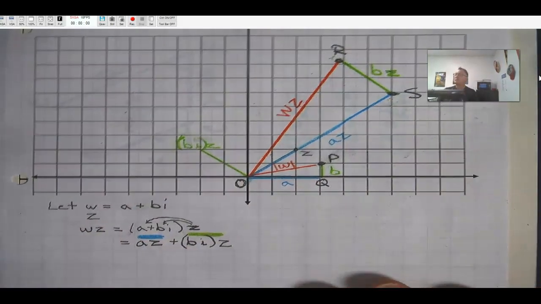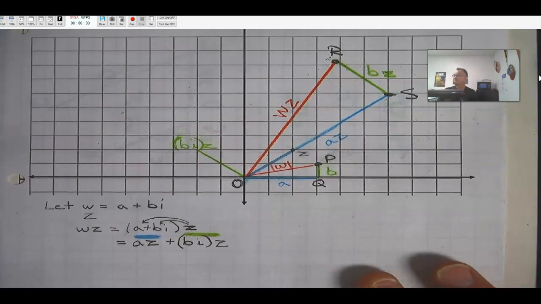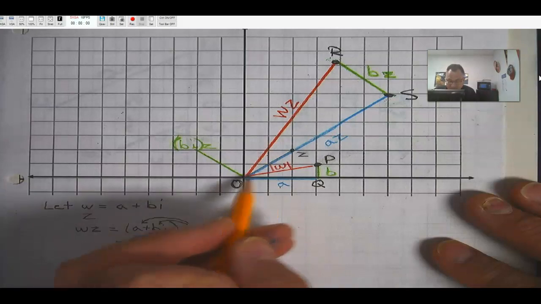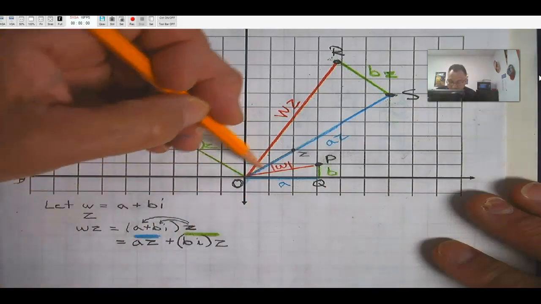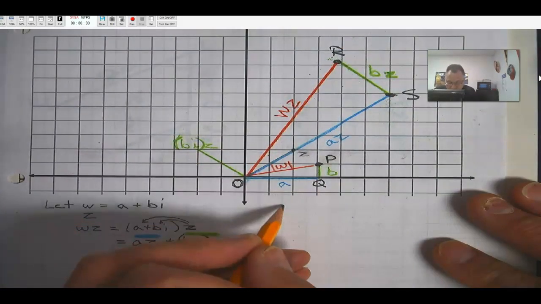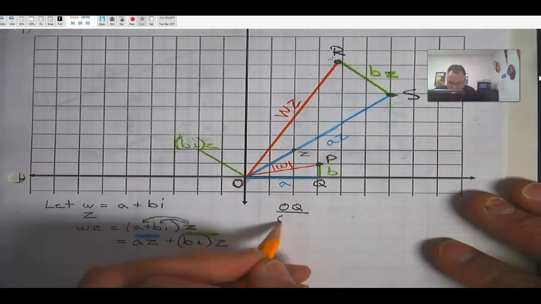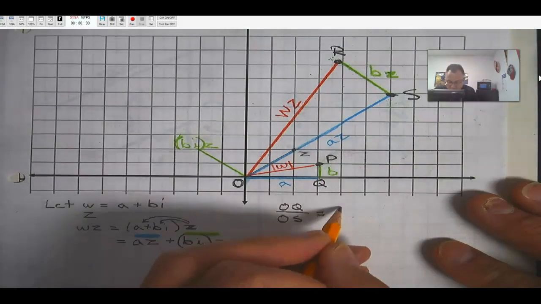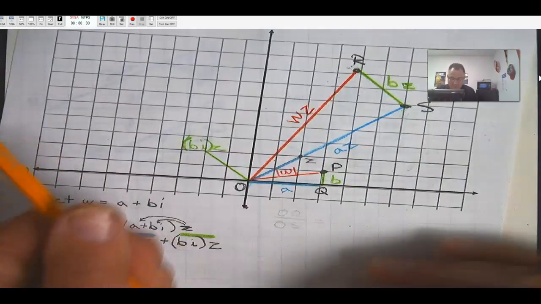Okay, now what's true about those two triangles? Are they proportional? So if I take this length, OQ, and I compare it to OS. Let me put the longer one on the top and the smaller one on the bottom.